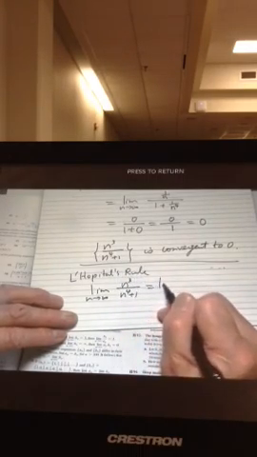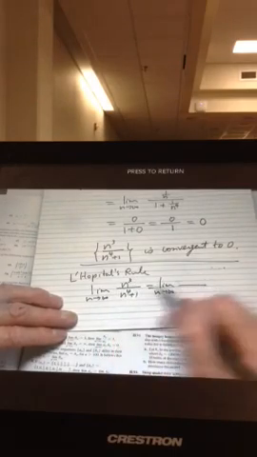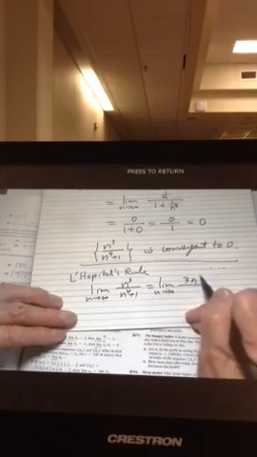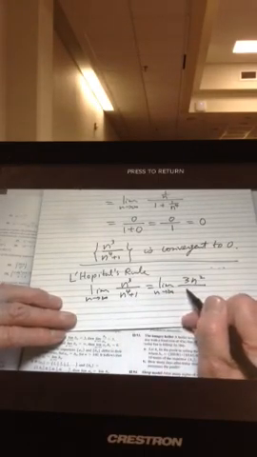So this is equal to the limit as n goes to infinity. Differentiate the numerator, so you get 3n squared, divided by the derivative of the denominator, 4n cubed. Here I can cancel n squared. So this is the limit as n goes to infinity of 3 over 4n.